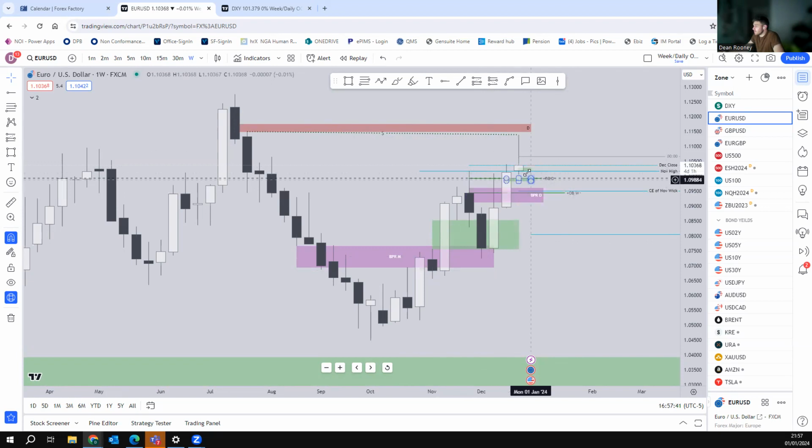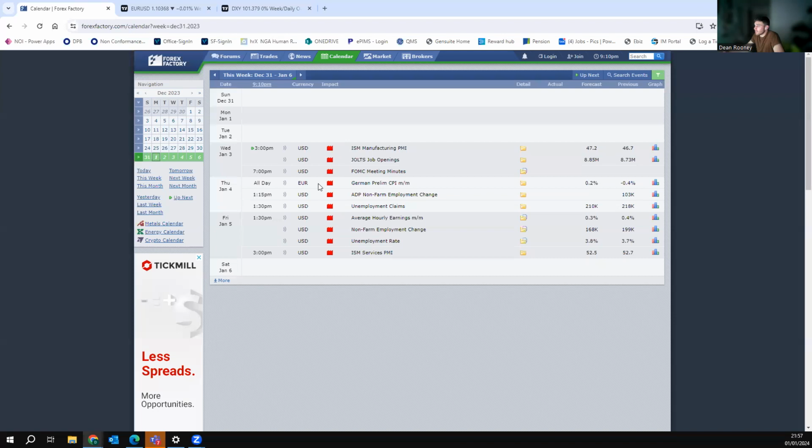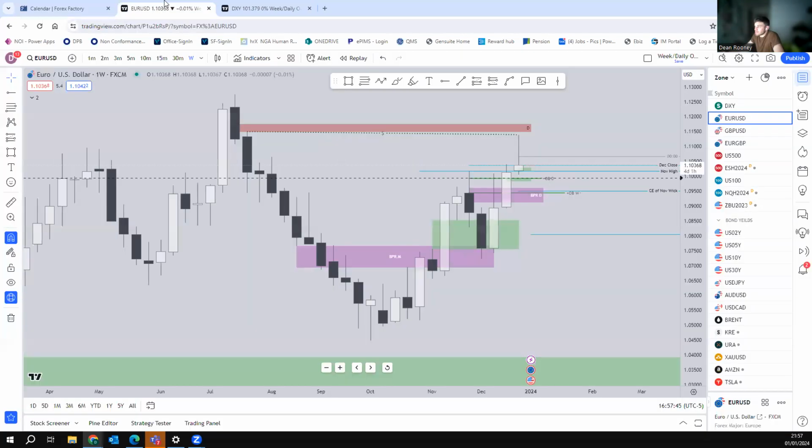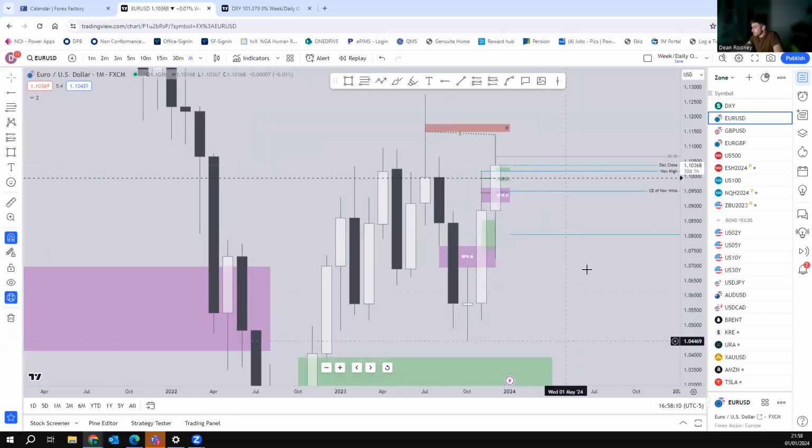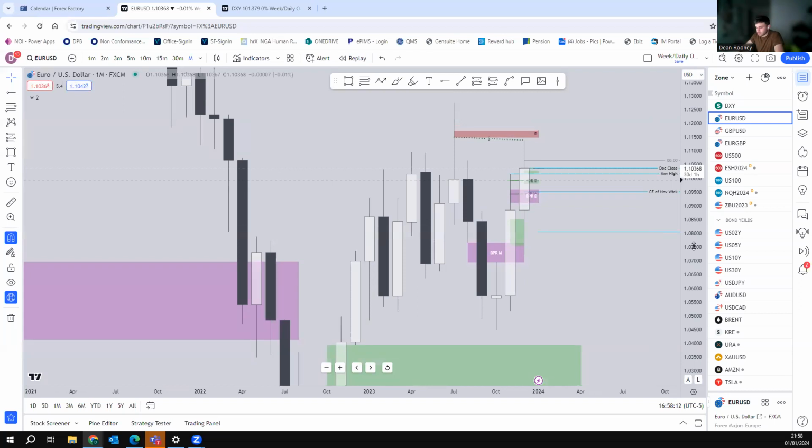So I would like to see price come down into here, maybe at the start of this week, and then with this sort of data that's coming out, I think it's going to be bullish. I'm anticipating it being bullish, which means, and it's probably pretty crazy to think, but on the yearly candle, I think there might be a really small, stubby wick low.